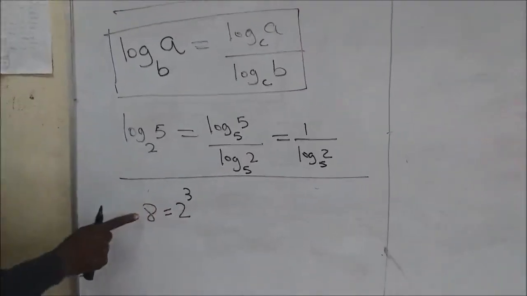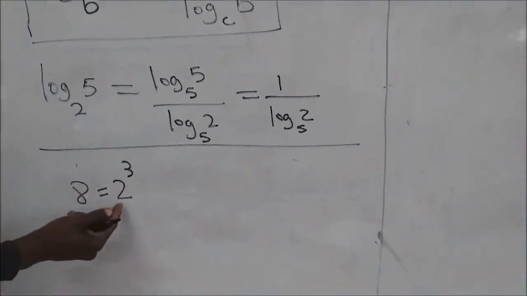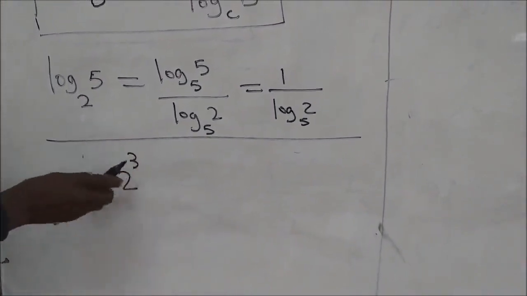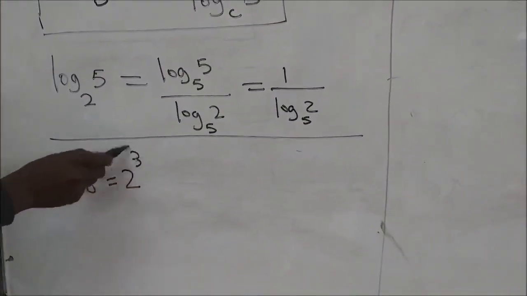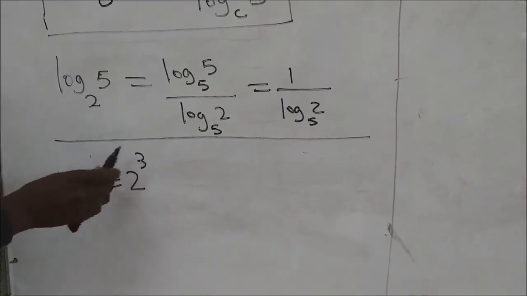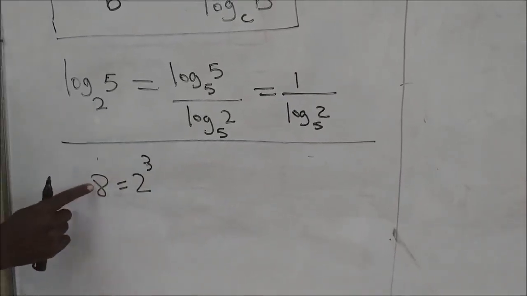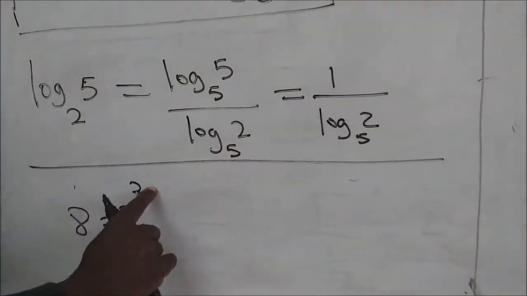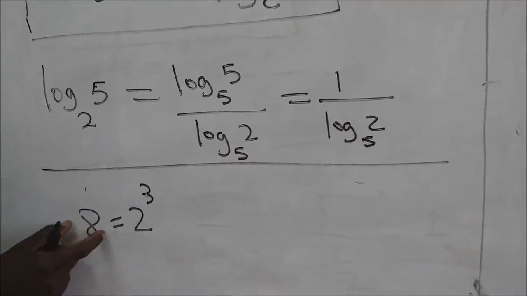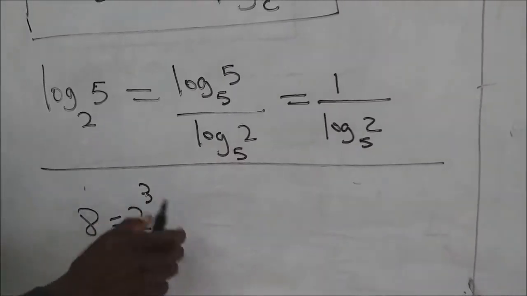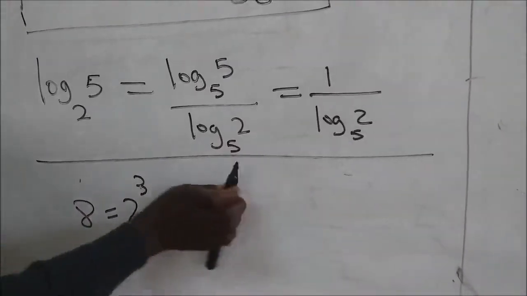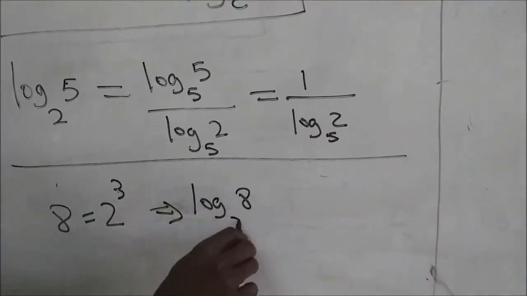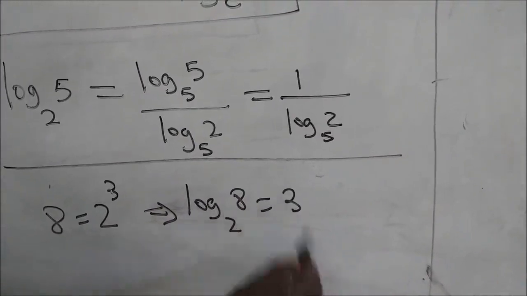In this, 8 is the number, 2 is the base, and 3 is the power or the exponent. We also call it the logarithm. So this means that the logarithm of 8 to base 2 is 3.